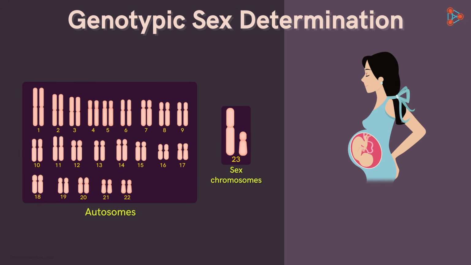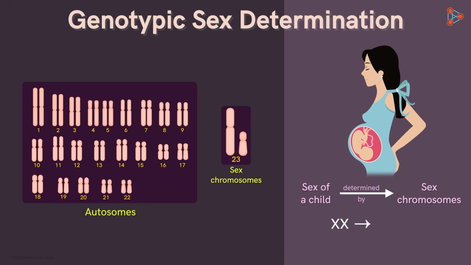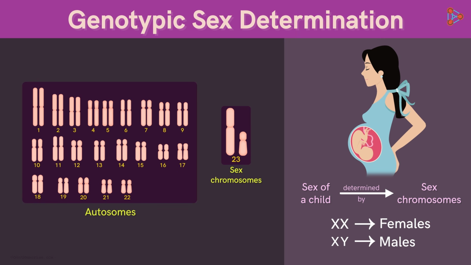In most of them, including humans, the sex of a child is determined by the sex chromosomes, namely X and Y. We know that in humans, individuals with both X chromosomes are females, while those with one X and one Y are males. This is one type of genotypic sex determination.